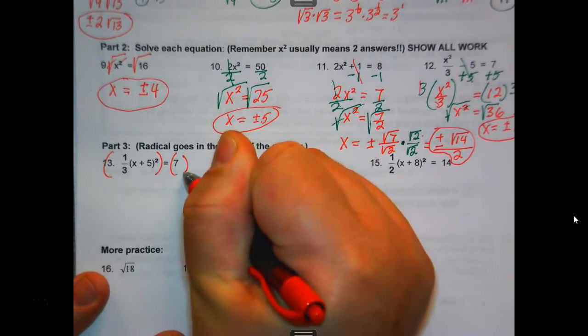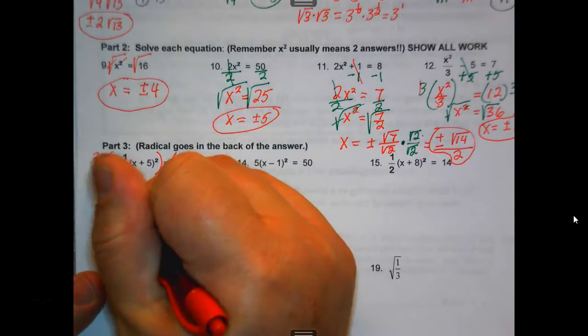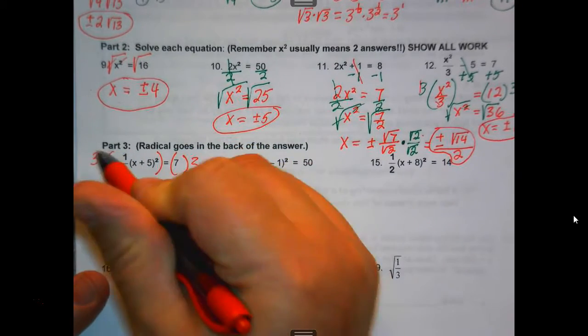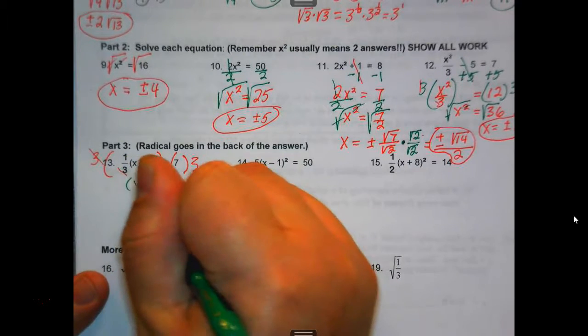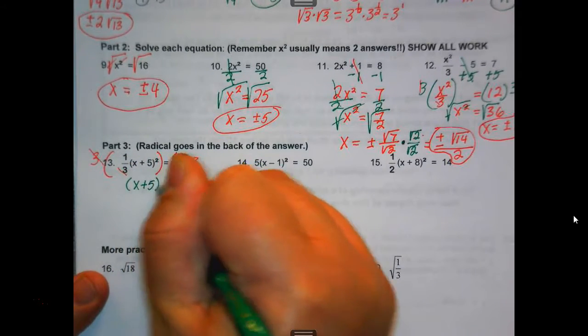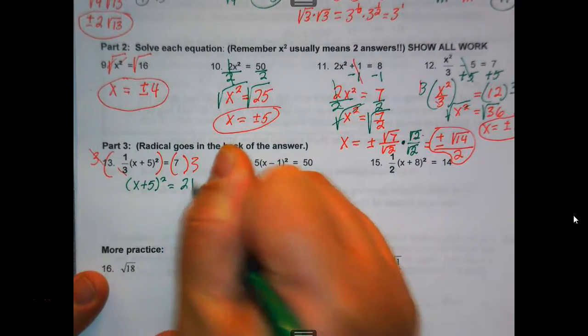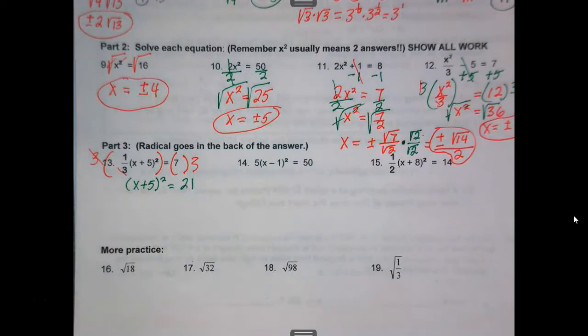Multiply both sides by the reciprocal. In this case, it's just 3. Cancels out. I get x plus 5 squared equals 21. With me?